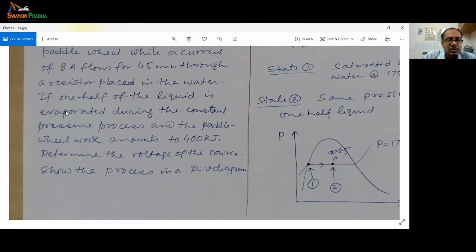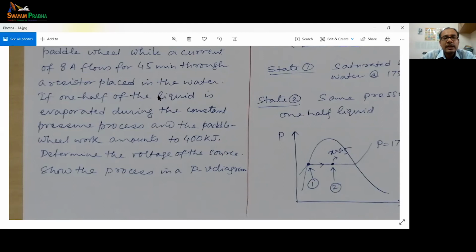Okay, so by this constant pressure process, 1/2 of the liquid is evaporated, and the paddle wheel work amounts to 400 kilojoule. So paddle wheel work is given directly to be 400 kilojoule. And we have to determine the voltage of the source.